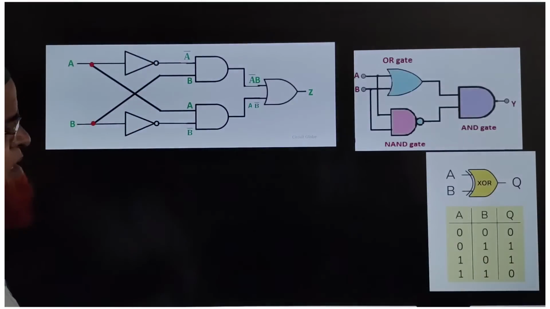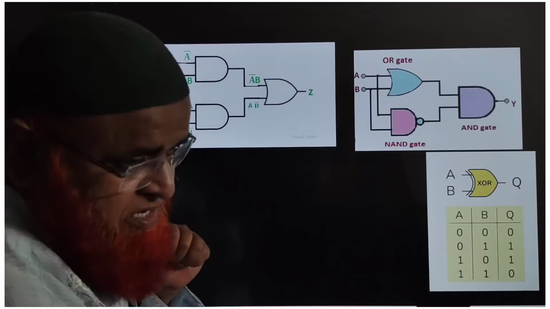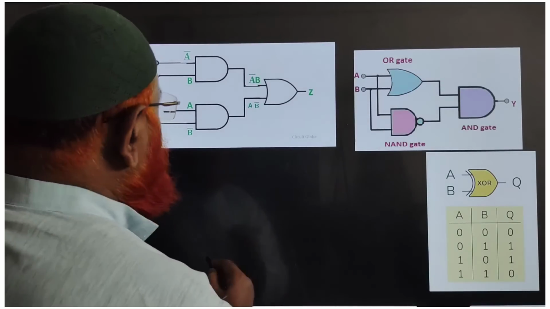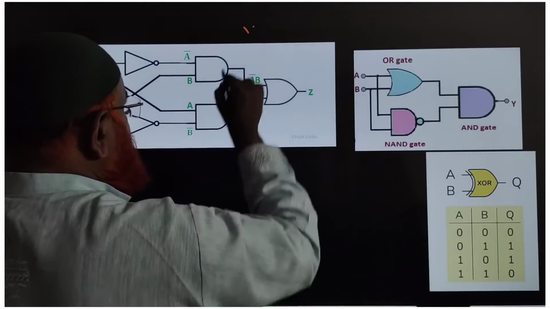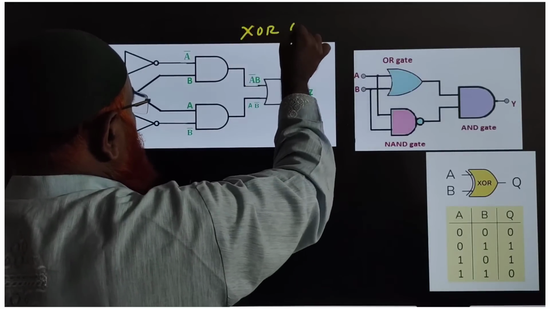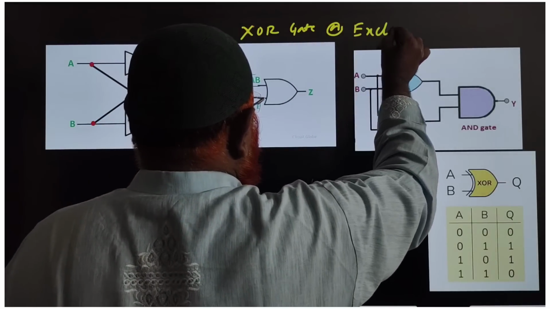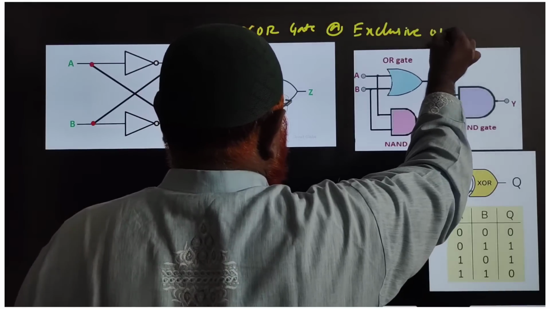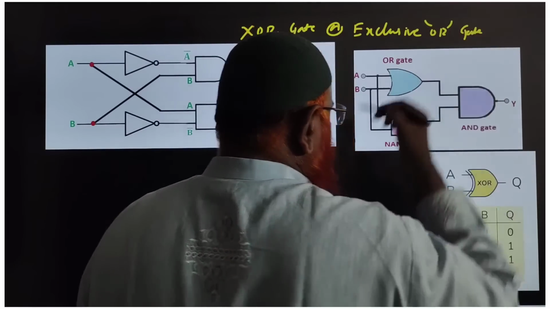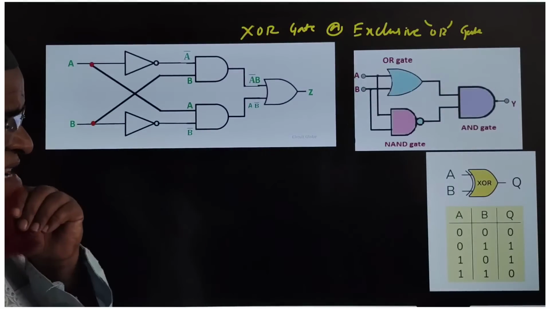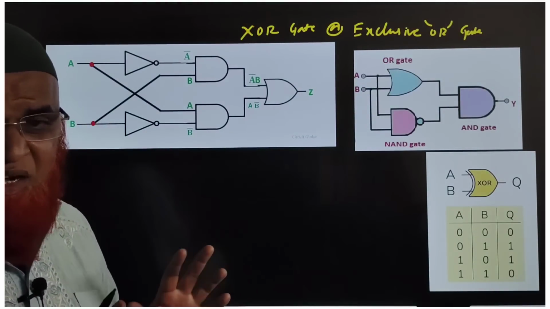Before that, there is one more gate which is called the XOR gate. It has one name, XOR gate, and it has another name, which is called the exclusive OR gate. It doesn't do any mathematical operations, no addition, subtraction, or multiplication.